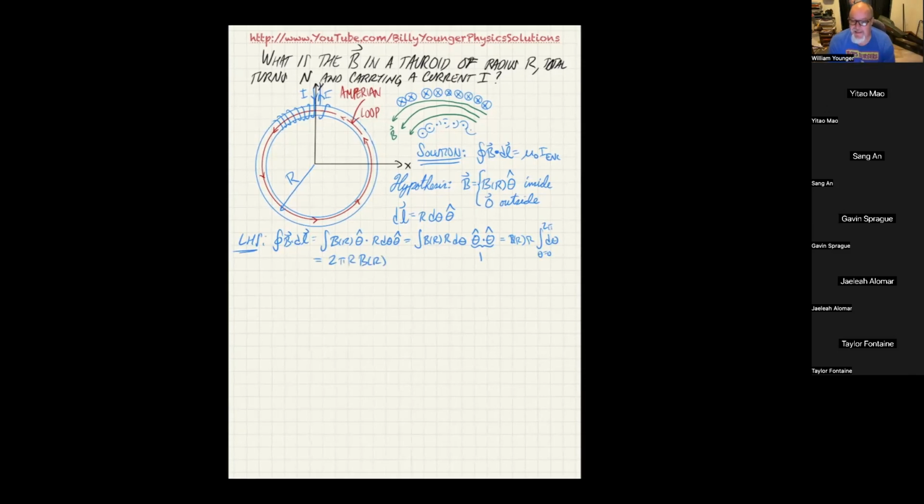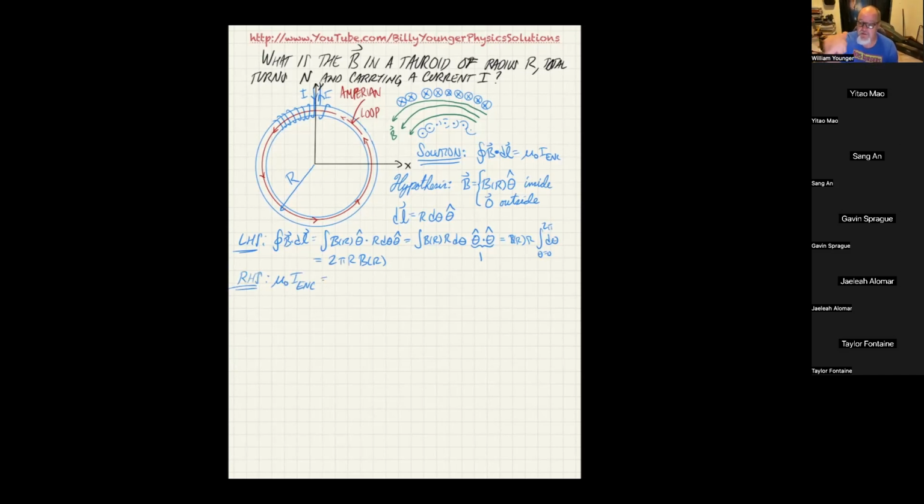So again, we get a length multiplied by magnetic field magnitude for the left-hand side. Everybody follow that? Now the right-hand side is mu 0 I enclosed. If you look at this, all of these enclosed currents are the ones on the inner ring, so they're the ones coming out of the page.